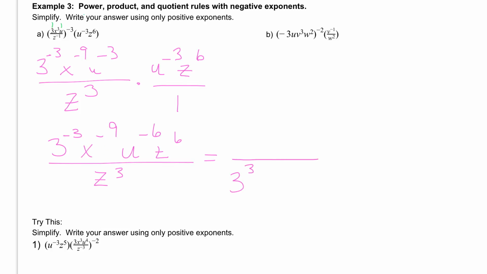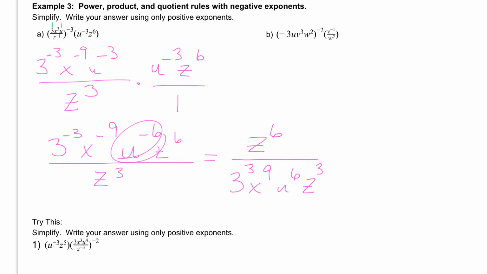X to the negative 9, again a negative exponent, needs to move to the bottom, so x to the 9th will come down here. U to the negative 6, since this is a negative exponent, it moves to the bottom. Z to the 6th has a positive exponent, so that z to the 6th will stay on the top. And then my z to the third is still on the bottom.